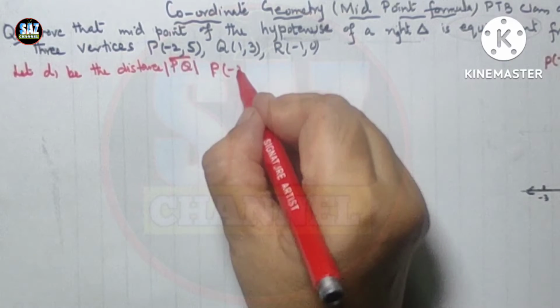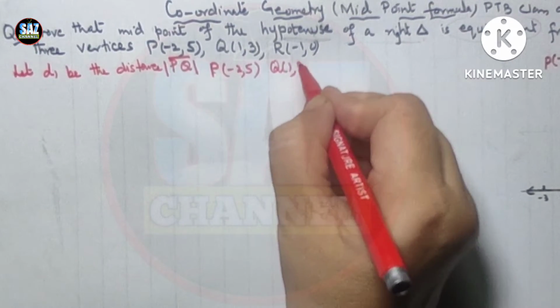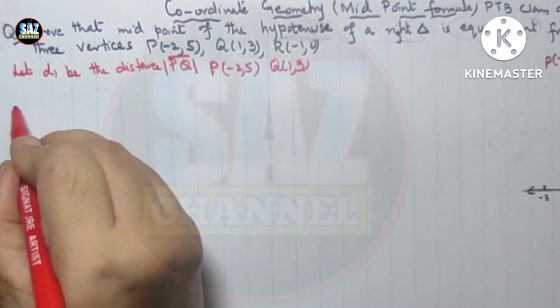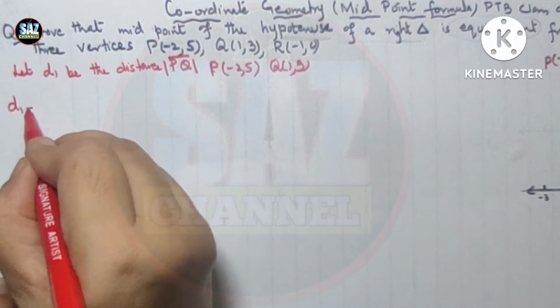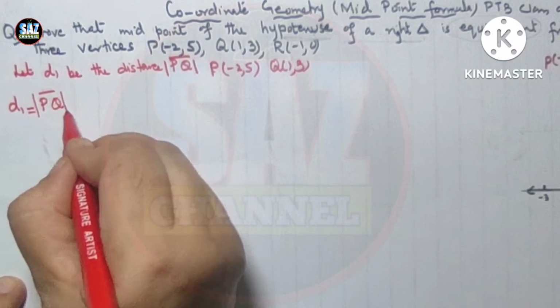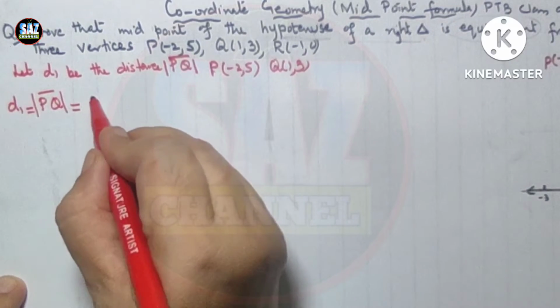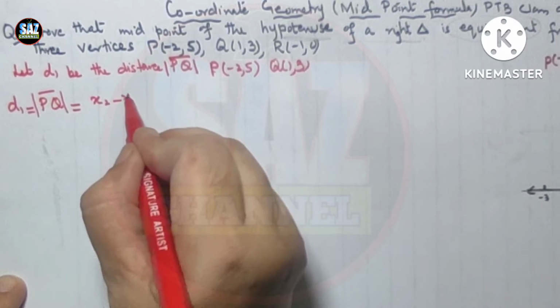So let's go for the calculation of D1 equals PQ, and recall the formula. Remembering our formula is really important if you want to secure good grades in your exam. Square root of (X2 minus X1) whole square plus (Y2 minus Y1) whole square.